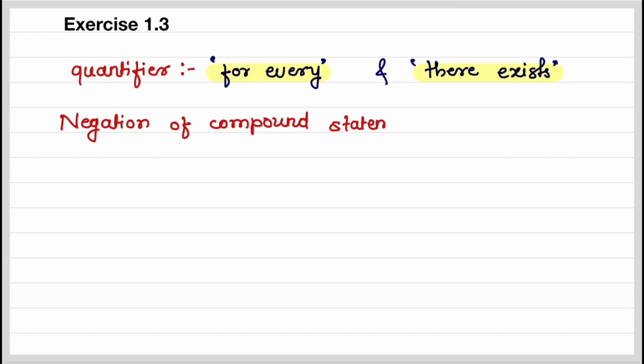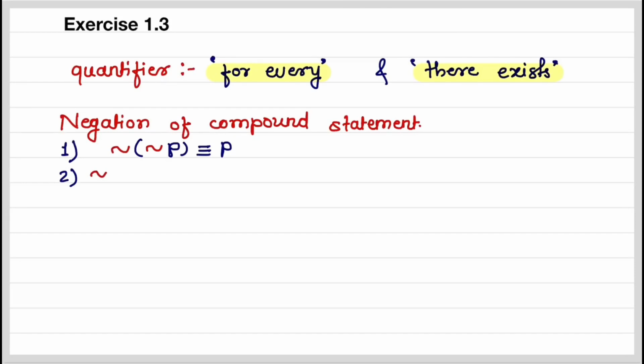Now, negation of compound statements. First of all, negation of negation. Negation of negation P is equivalent to the statement itself.